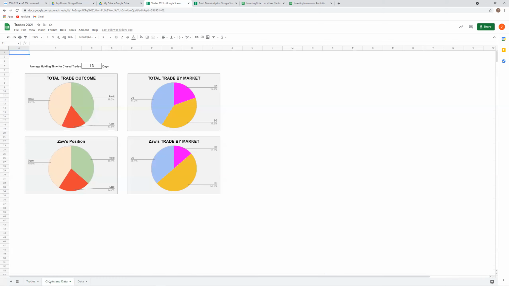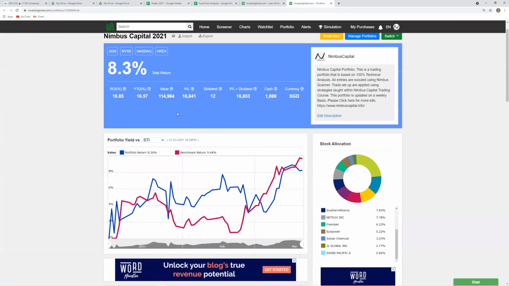And with a 1-to-1 risk reward ratio, if your winning trades are more than your losing trades, you are definitely going to come out profitable. Which currently I am, with a total of 8 profits, 5 losses, and 9 open positions still running. In a way, you can see it much more reflected here on my investing note portfolio.